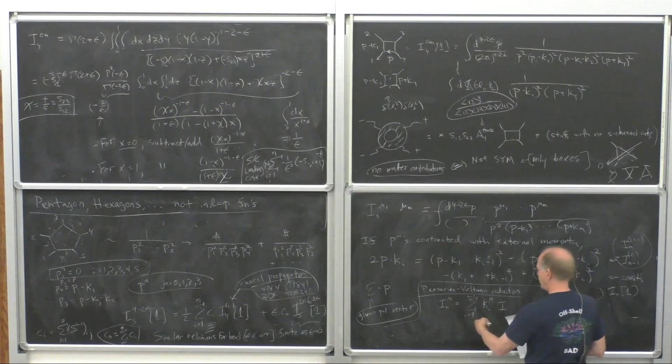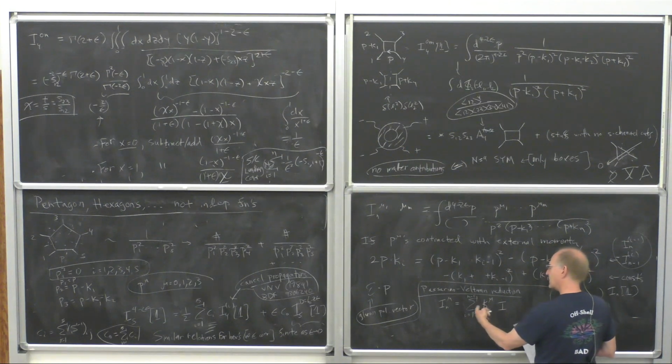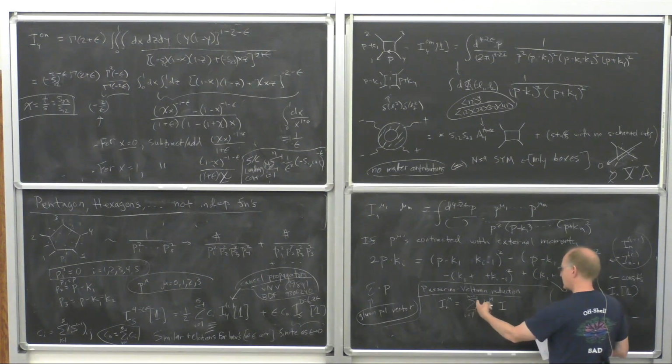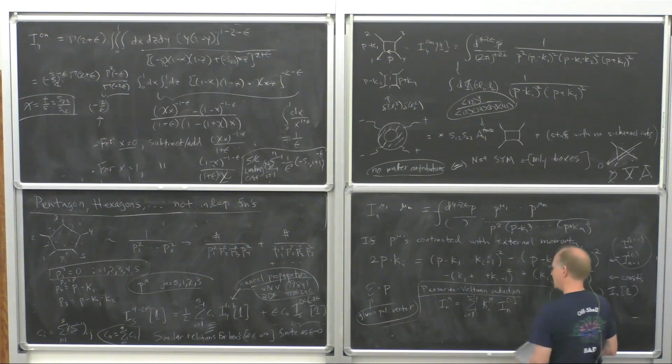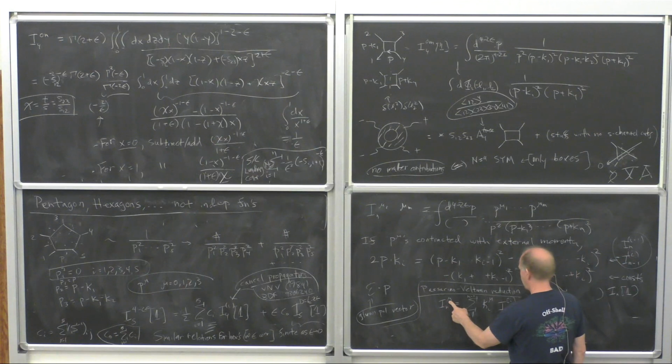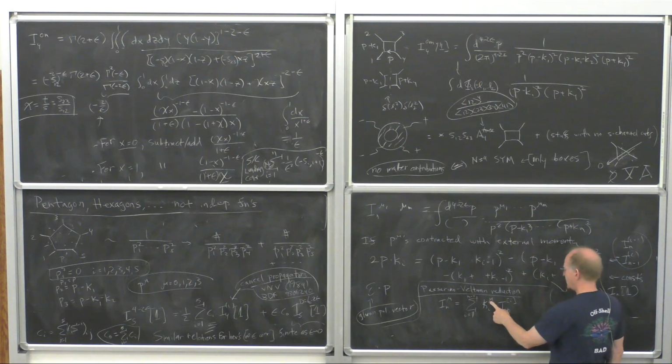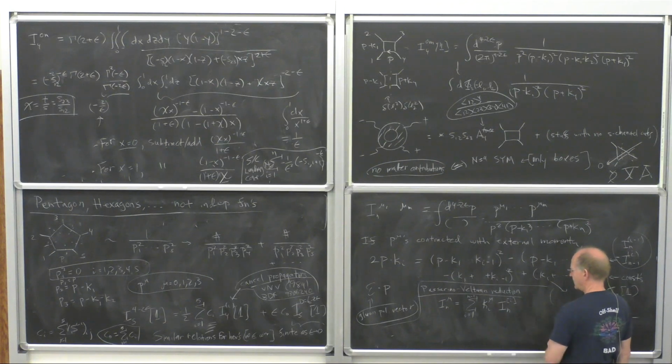If n is not too big, then using linear momentum conservation, the first n minus 1 of these momenta are independent. And so I can write an equation that relates this thing for a general Lorentz index mu to a bunch of other quantities which are scalars multiplied by the external momenta.